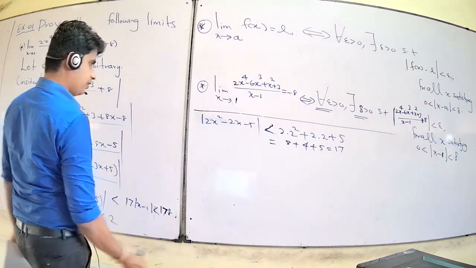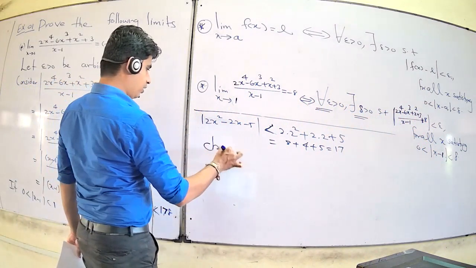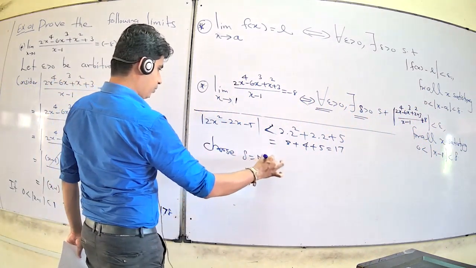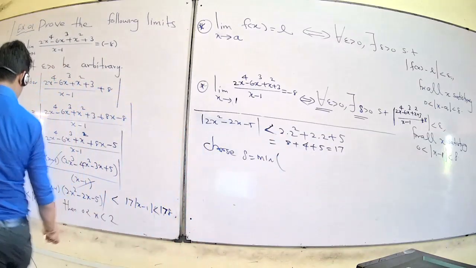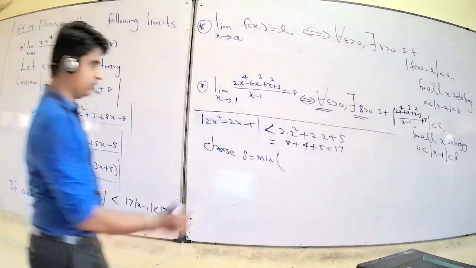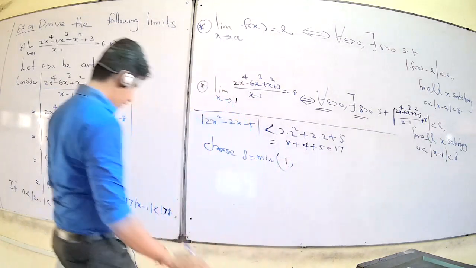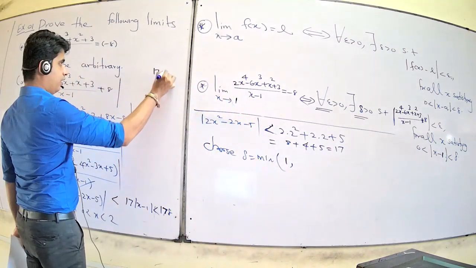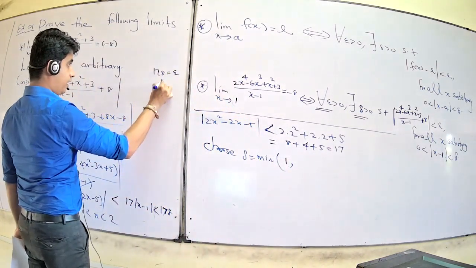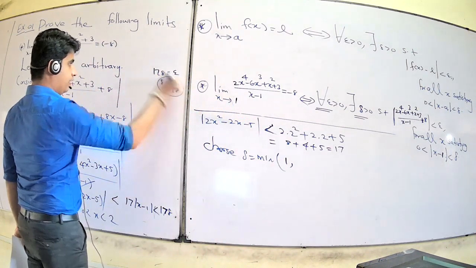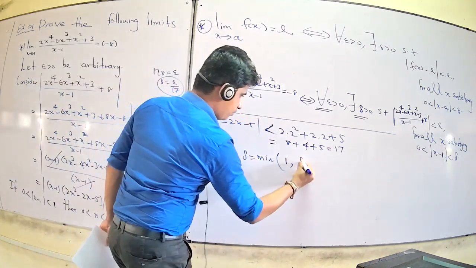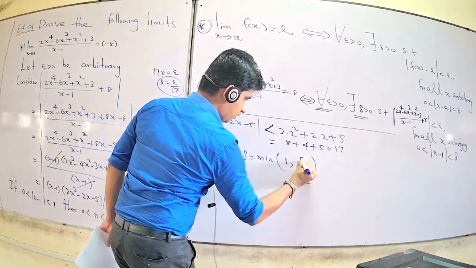Now you understand what value you want to choose for delta. Delta equals the minimum of 1 and something; we only use one value here, 1. Now you want to get epsilon. That means 17 delta equals epsilon. Therefore, delta equals epsilon over 17. Choose this value, epsilon over 17, which is positive.